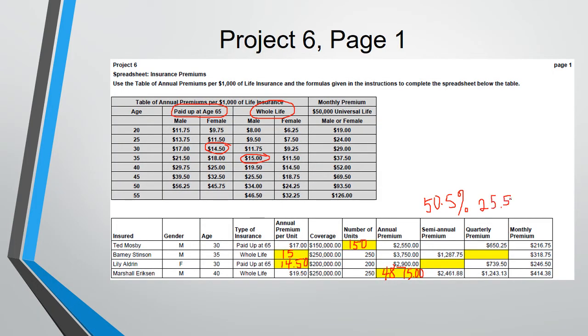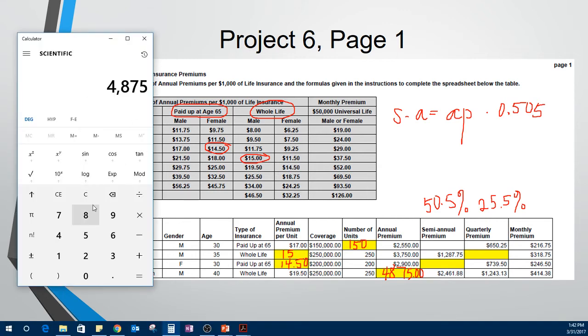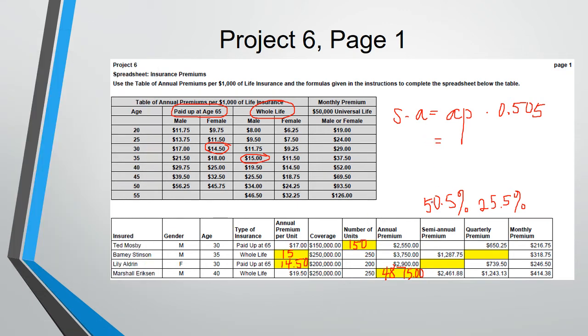So for these two questions, we're going to use the formula semi-annual is equal to the annual premium times 0.505. Remember, we cannot put percent when we are multiplying, so we need to convert it into a decimal, which is 0.505. So we don't know the semi-annual premium, so we're going to leave that blank.